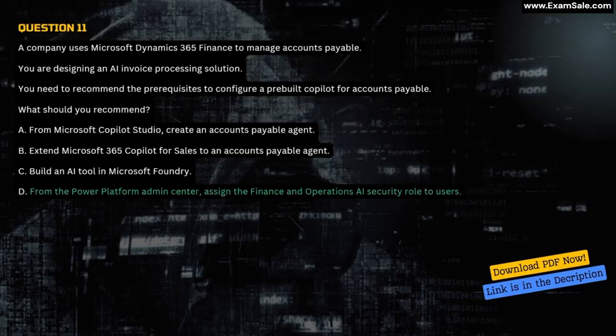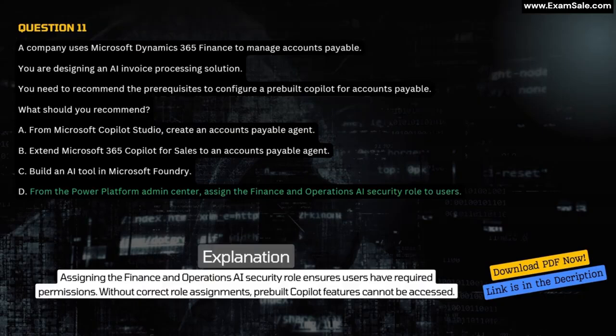Correct answer D. Explanation: Assigning the Finance and Operations AI security role ensures users have required permissions. Without correct role assignments, pre-built Copilot features cannot be accessed.